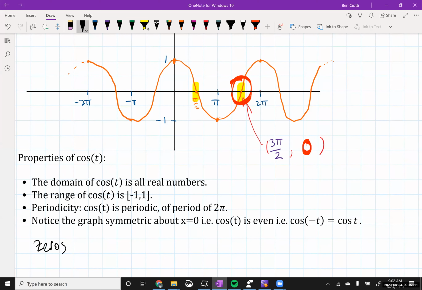So it's odd multiples of pi over 2. And I could also include negatives, negative pi over 2, negative 3 pi over 2. You could write it as pi over 2 plus any multiple of pi. So that's a really good question. We'll talk more about that tomorrow.